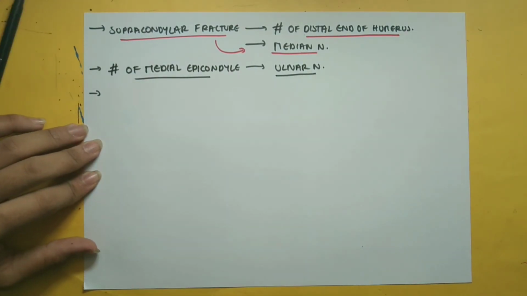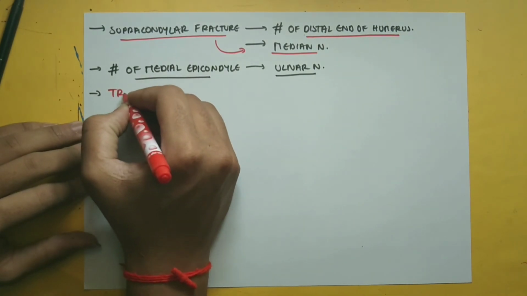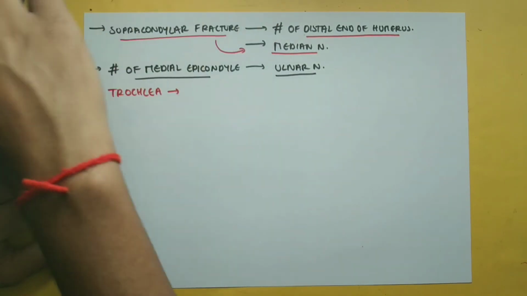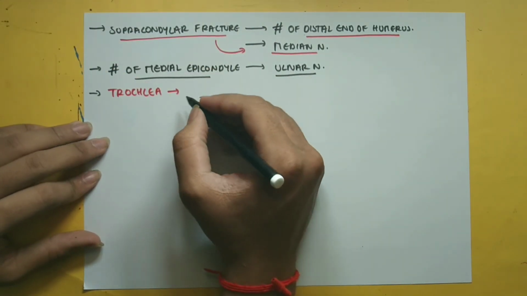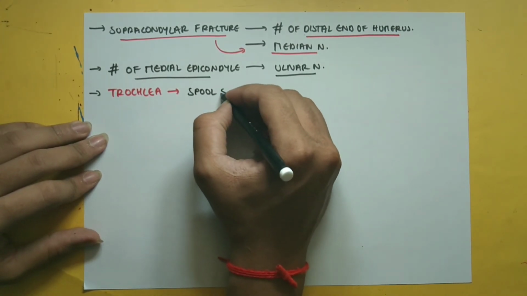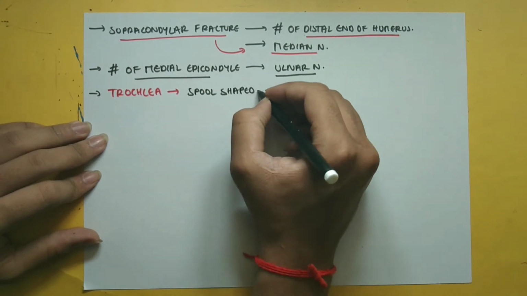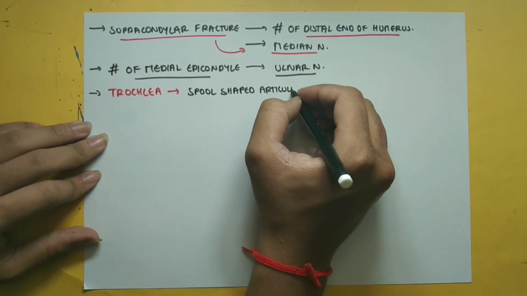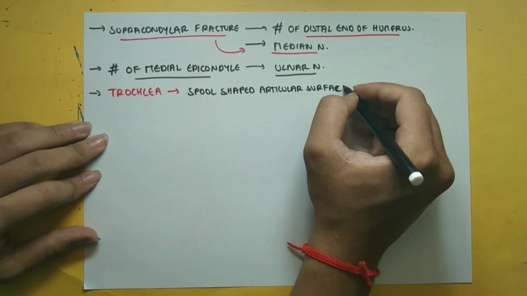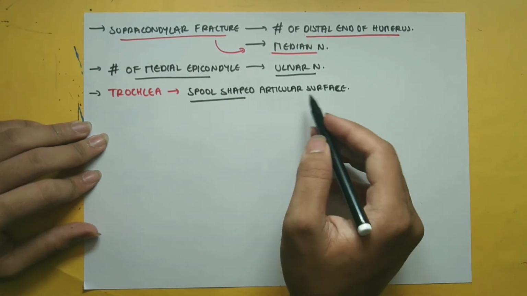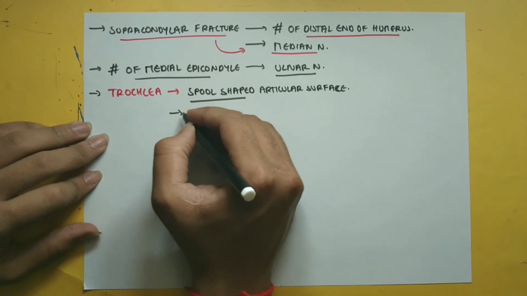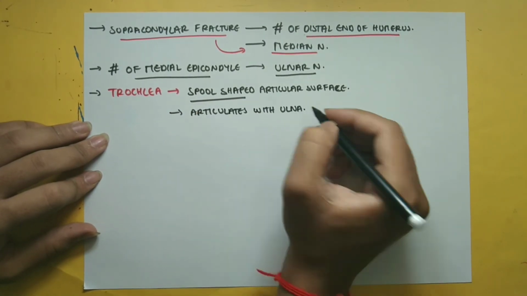Okay, now let's talk about the trochlea. This trochlea has a spool-shaped articular surface, and it articulates with the ulna.